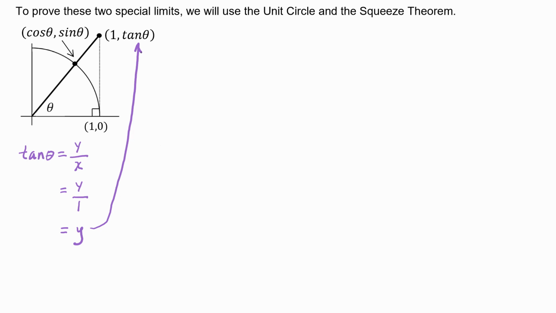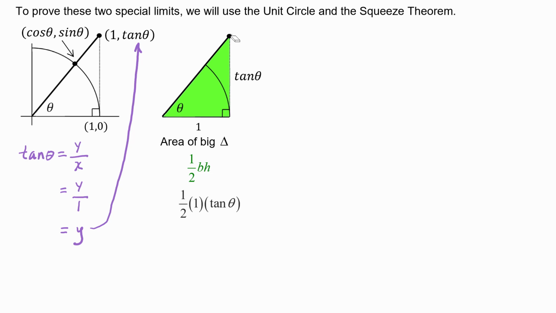Now what we're going to do is use some geometry. Let's take a look at this big triangle right here and draw its picture here. We know the base is 1 and the height is tangent theta. Now the area of this big triangle can be found by doing 1/2 base times height.